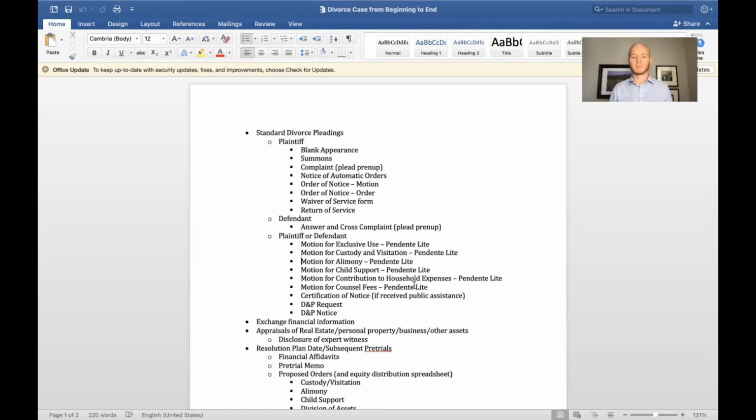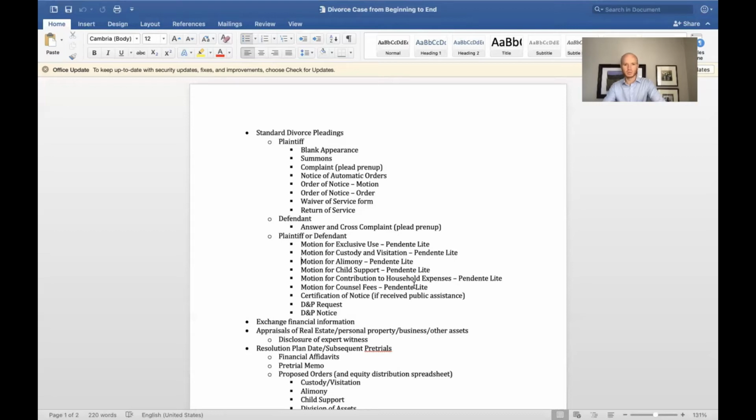Then, another pretty standard pleading is a motion for counsel fees. So let's say there's one spouse who controls all the money. All the bank accounts are in their name only, and they control all the funds, whereas the other spouse doesn't have access to money.